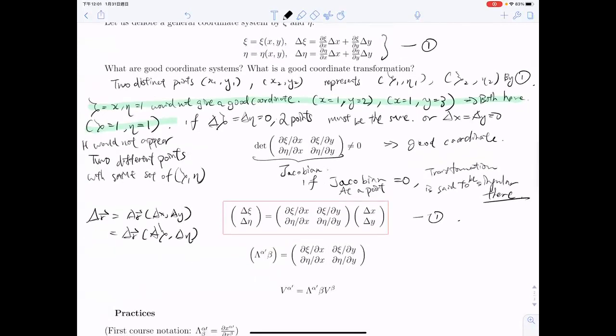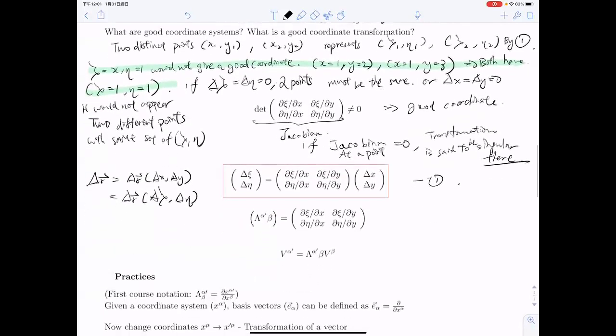Then we can define the matrix transformation as this. We just rewrite the first equation in matrix form and extract this matrix to be the coordinate transformation matrix.